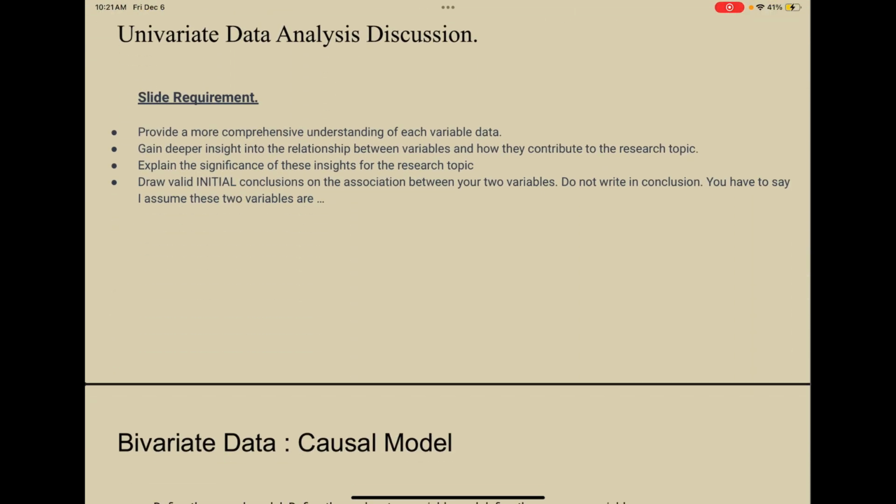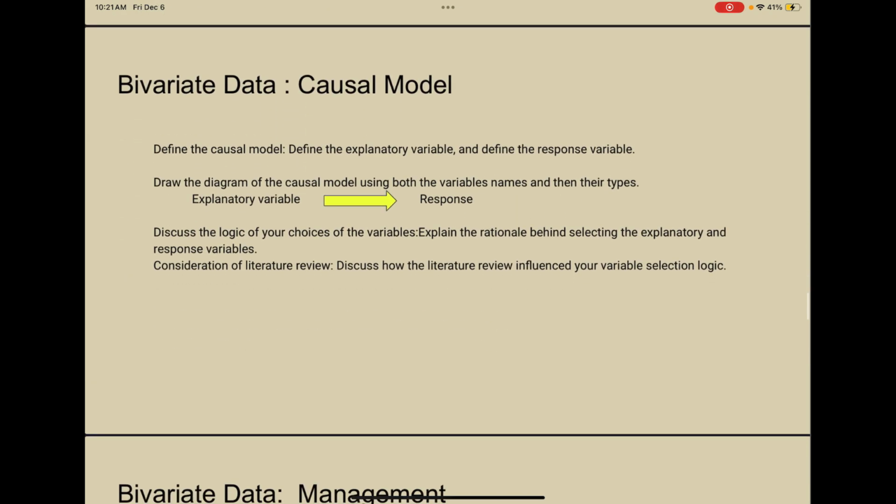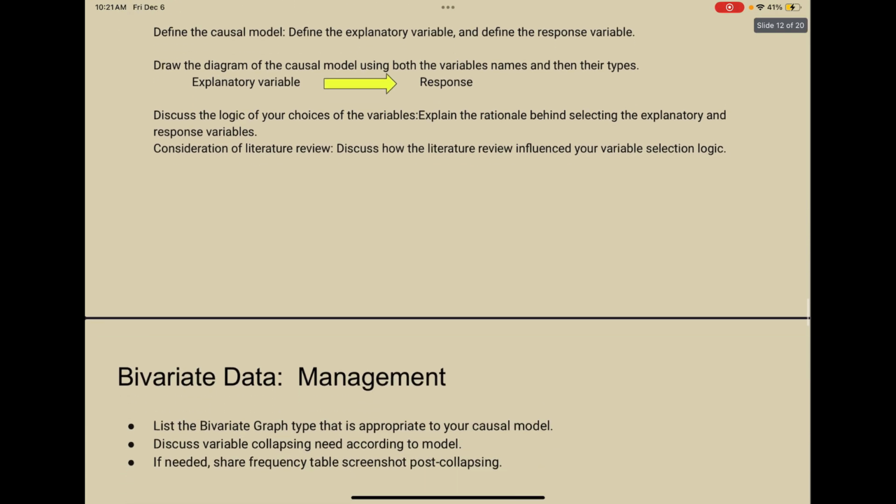Our analysis discussion, which is basically bringing these two variables together and explaining what we are saying overall about them. Then we have our causal model, which is just saying which is our explanatory variable and which is our response variable and why we did it this way.